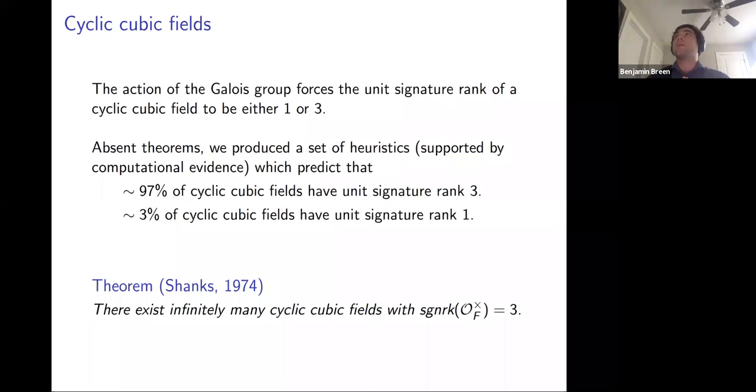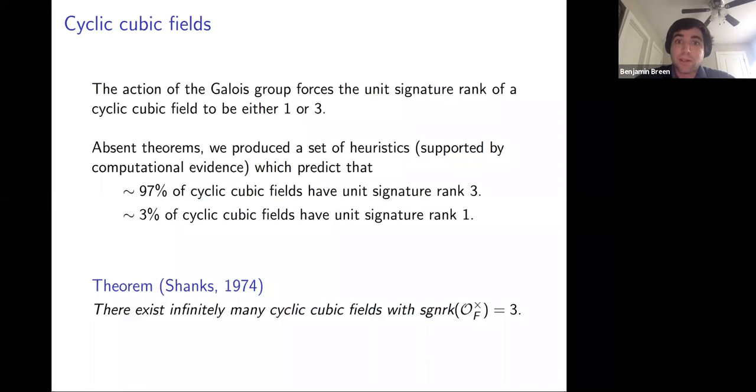Yes. There are 2 things going on there. If you look at a cyclic quintic field, it's Galois, so actually all the embeddings are real. That's why we only considered the case with all 5 real embeddings, and that's the 99%.